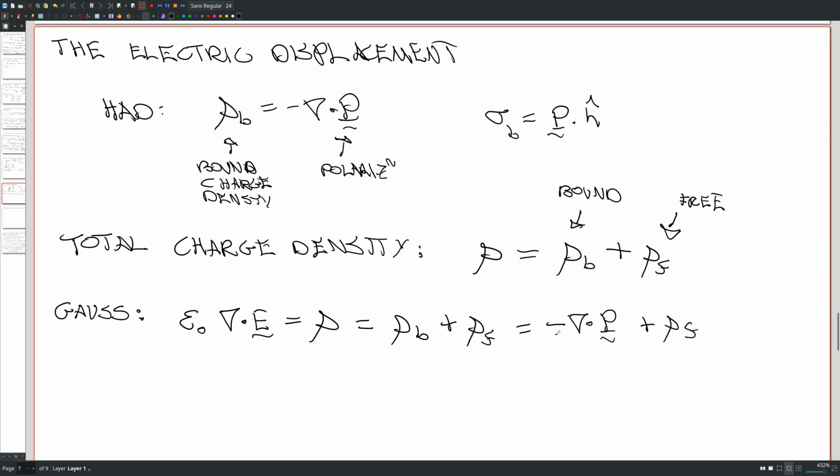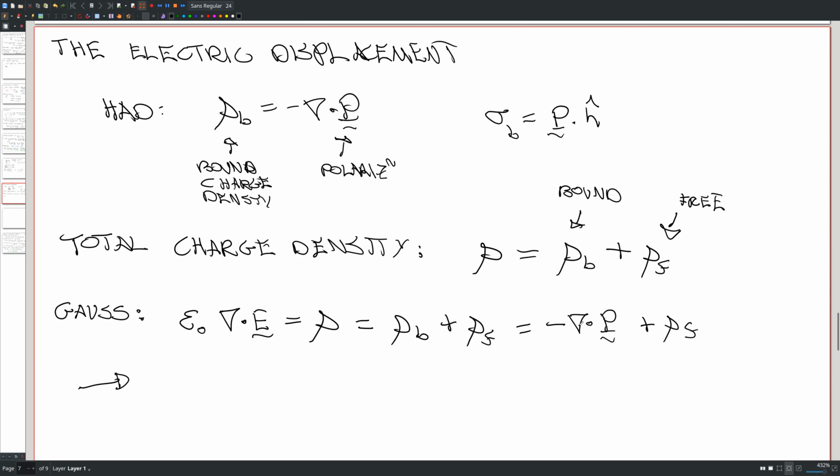So let me think that the ones I can really play with are the free charges. These are my handles onto my system. These are the things that I can put in or remove at will, and therefore they are my true source of all these electrostatic phenomena that I'm looking at here.